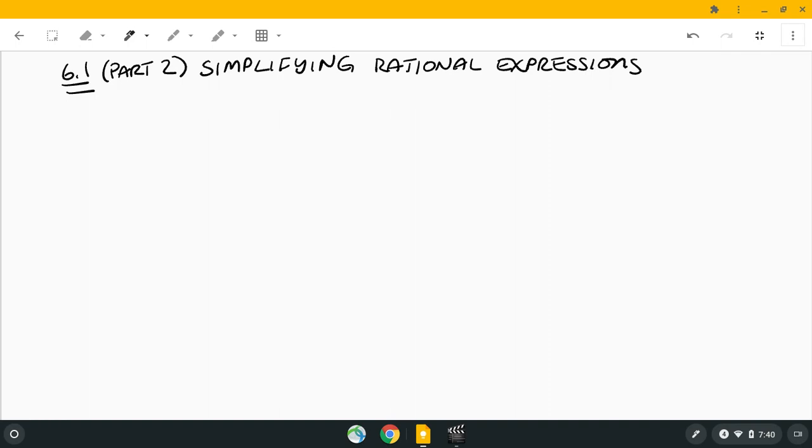So let's just recall regular numerical fractions for a second here. Recall when you had something like this, 12 over 18, and you had to simplify this, and you're like, oh, they have 6 in common. So this would be 2 over 3. And you just do that in your head, right? Okay. So here, it's not that quick.